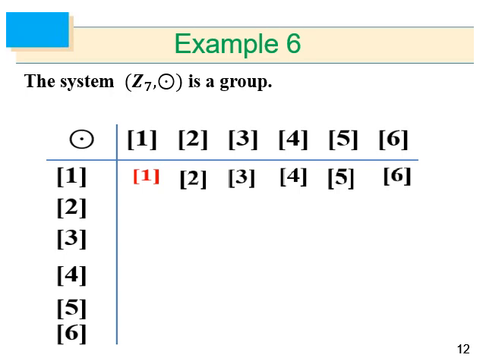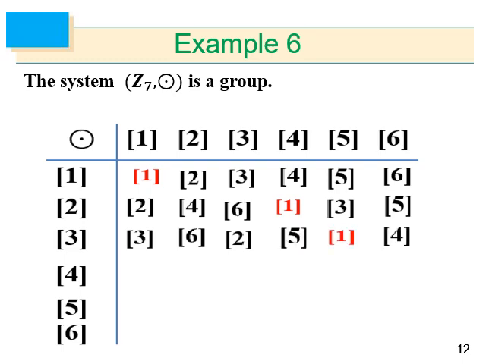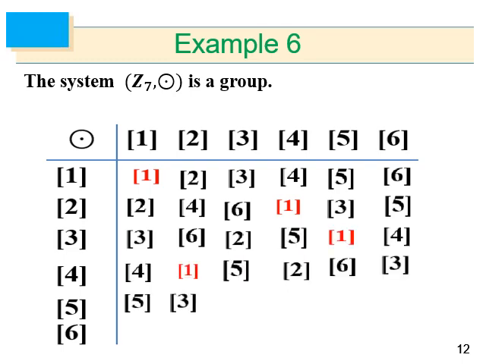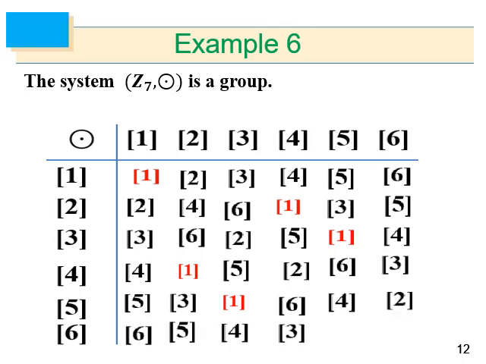The congruence class 2 times 1 gives 2, times 2 gives 4, times 3 gives 6, times 4 gives 1, and so on. This is a group.